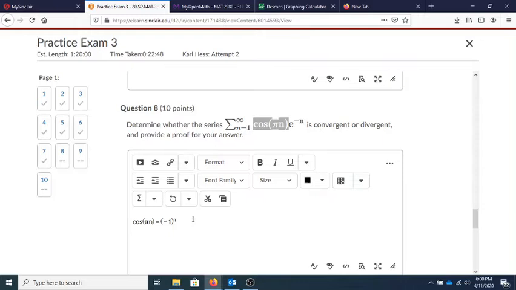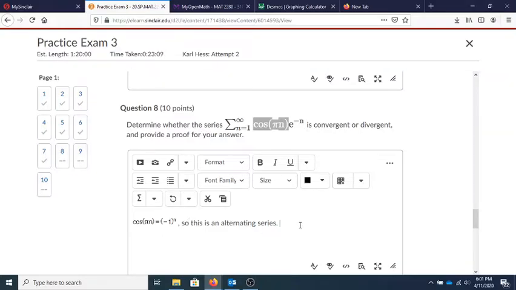So cosine of pi n is really the same thing as negative 1 to the n, so this is an alternating series. Starts negative and it goes negative, positive, and so on.